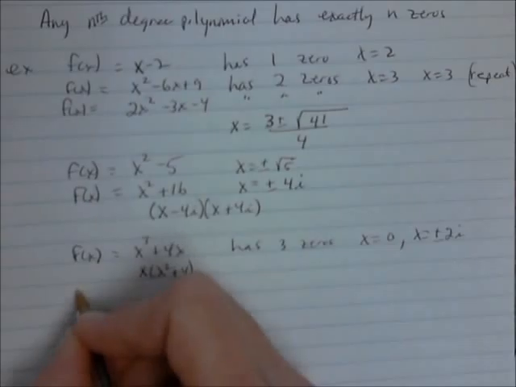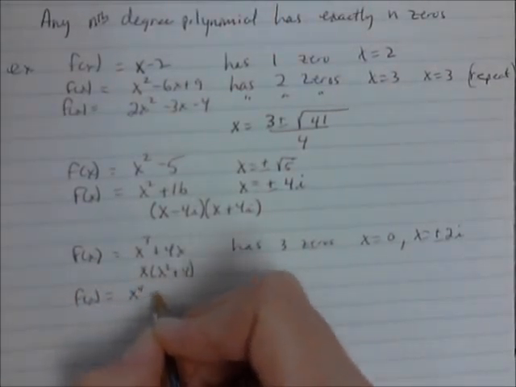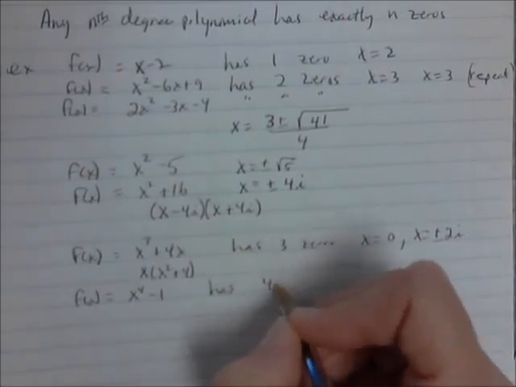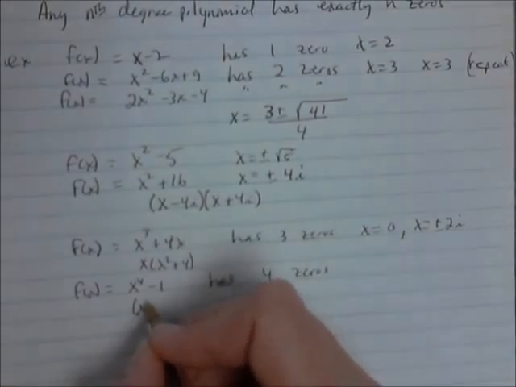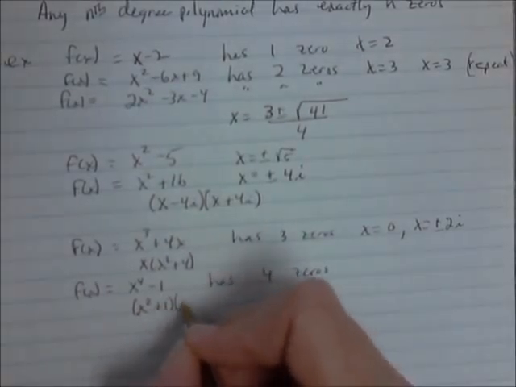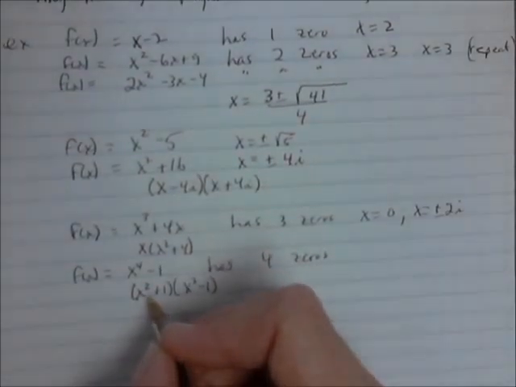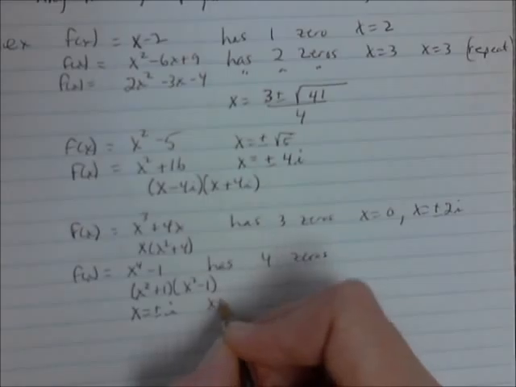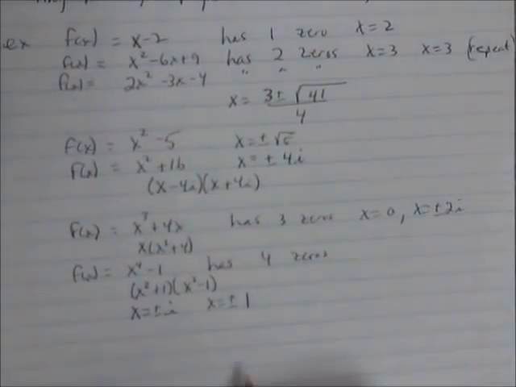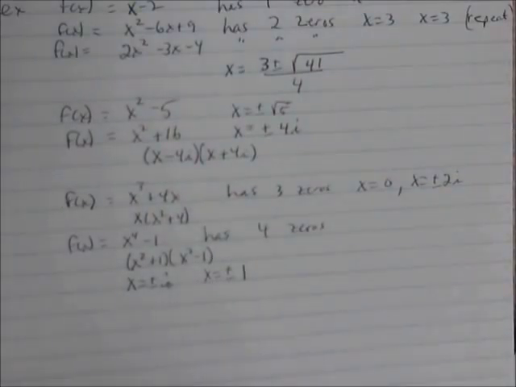If you have f of x is equal to a 4th degree polynomial, let's say x to the 4th minus 1, this has 4 zeros because it's 4th degree. And this is factorable. Difference of 2 perfect squares, x squared plus 1 times x squared minus 1. And this factor set equal to 0, you could get x is equal to plus or minus i. So there's 2 imaginary zeros, and this would be x is equal to plus or minus 1. So this has 2 imaginary and 2 real zeros, but a total of 4 zeros.